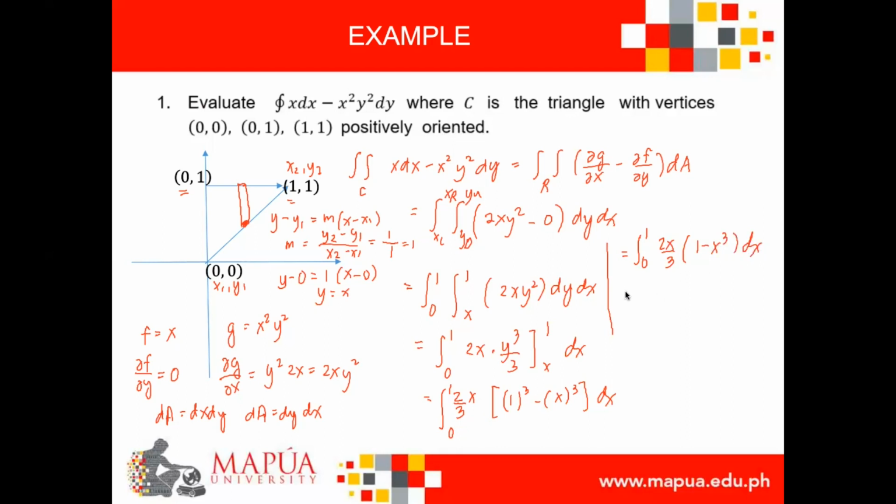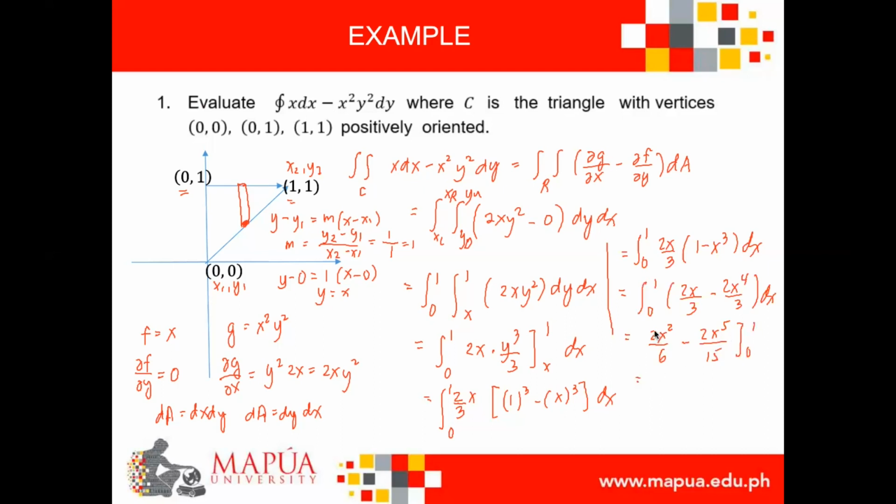So with that, we now have to multiply 2x over 3 to your binomial. So we have here now 2x over 3 minus 2x to the 4th over 3. Then let us now integrate. We have here now the integral of 2x over 3 dx is 2x squared over 2 times 3 is 6, while here we have 2x to the 5th over 5 times 3 is 15, from 0 to 1.